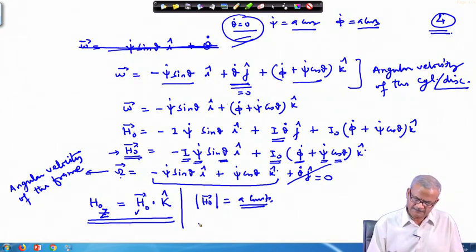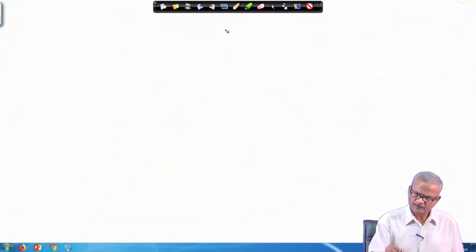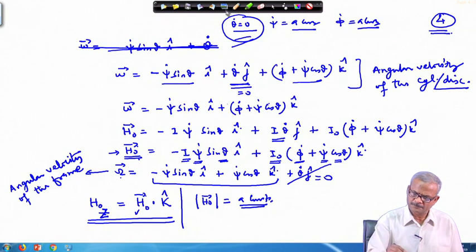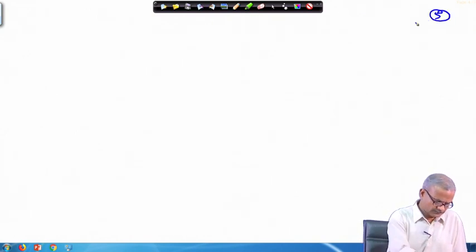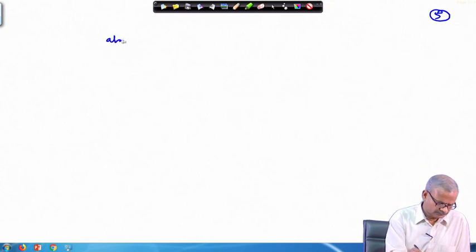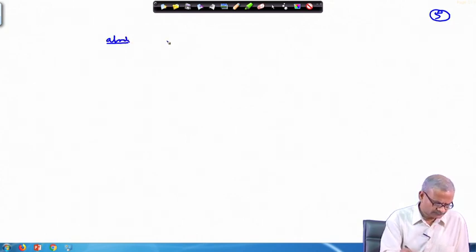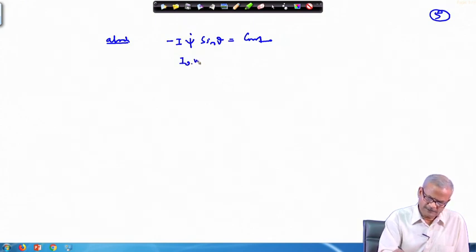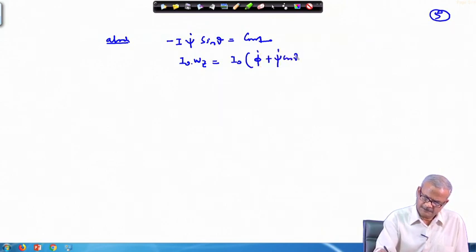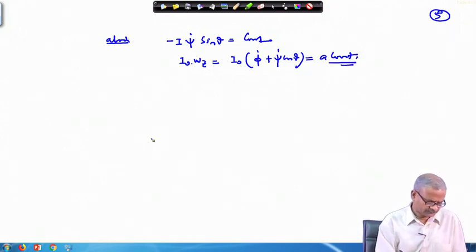This also implies we have I psi dot sin theta, this is a constant, and already we have I 0 times omega z, which is equal to phi dot plus psi dot cos theta, this is also a constant.